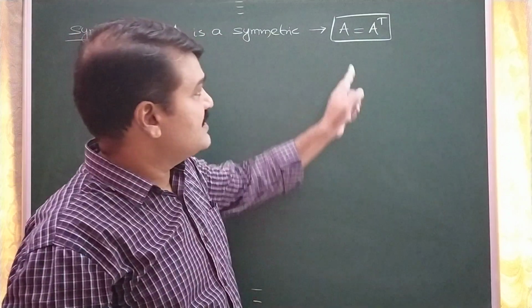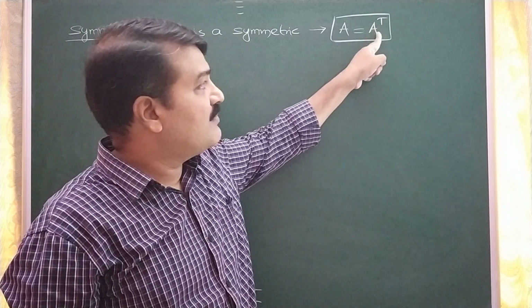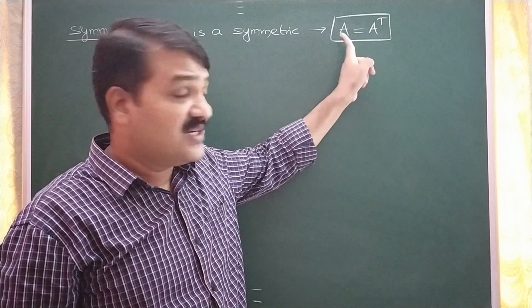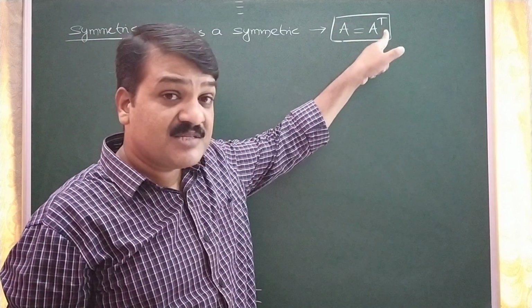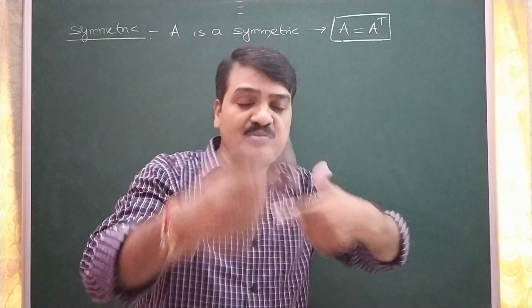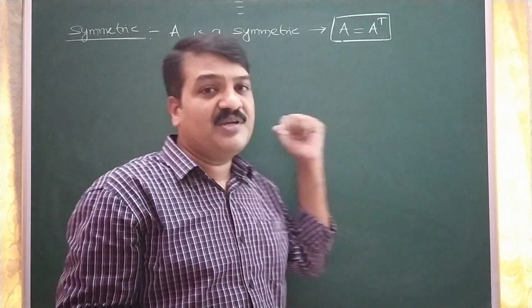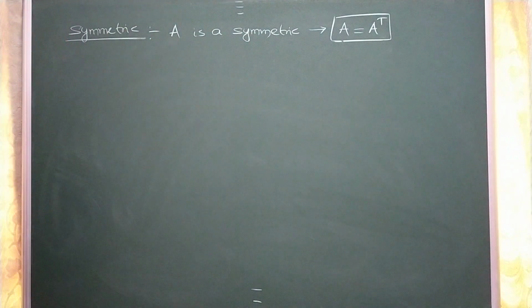That means by transposing a matrix, the matrix should not change. The transpose of a matrix must be the same as the original matrix. That means by transposing, the matrix should not change. Then it will be called a symmetric matrix.